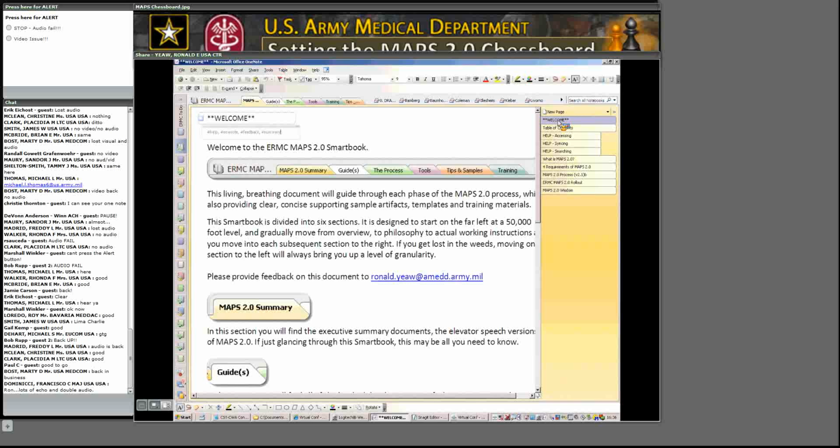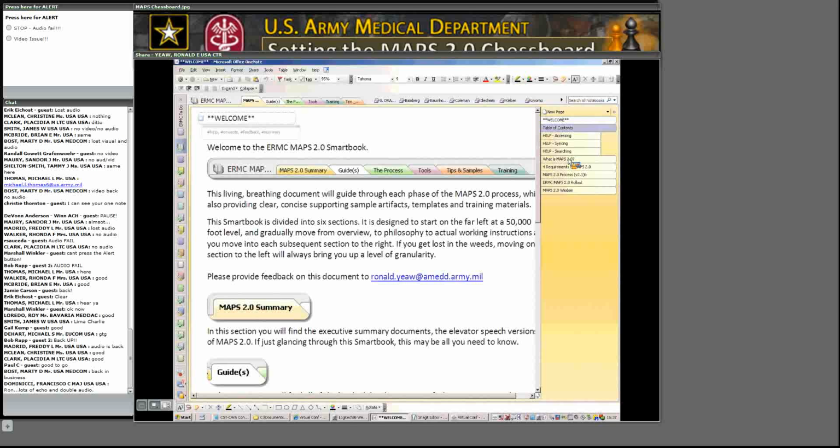If at any time you'd like more generic information, you just go to the left. So this first page is basically a welcome page. I've also got something in here that says, hey, here's MAPS 2.0 in, what is a MAPS 2.0? And waiting for it to pop on your screen. There it goes. This is the elevator speech of MAPS 2.0.